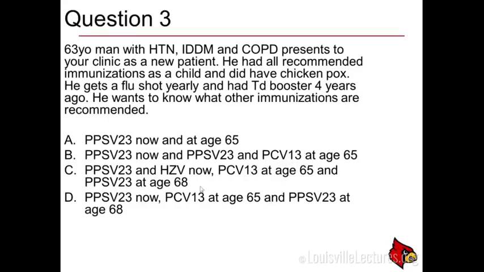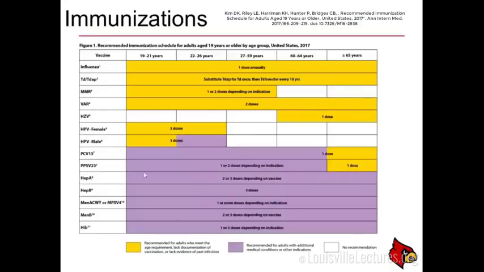I saw a couple hands here. And then the other one is very similar to that, but without Zoster. I had a couple people say C, which is the most confusing one, but actually the right answer. So, we'll go through this whole table. This is the CDC table.